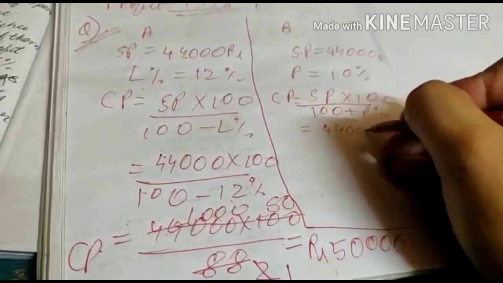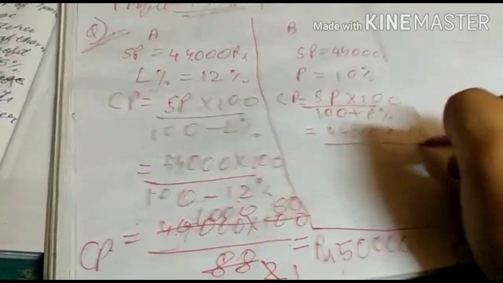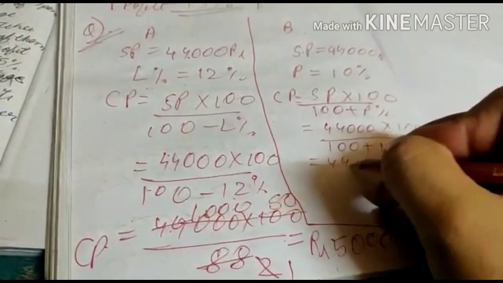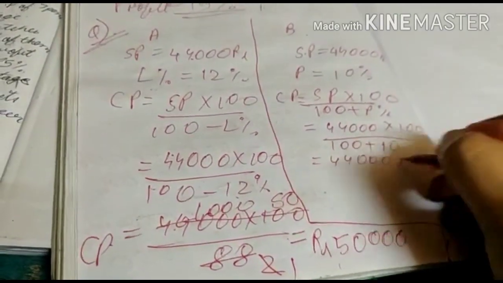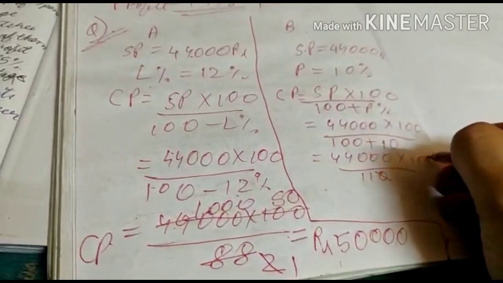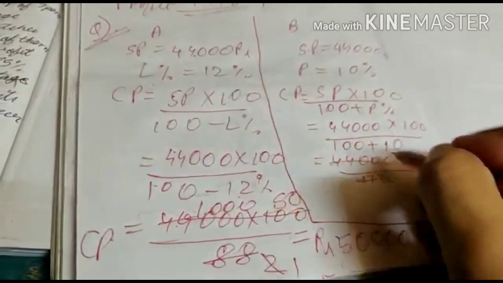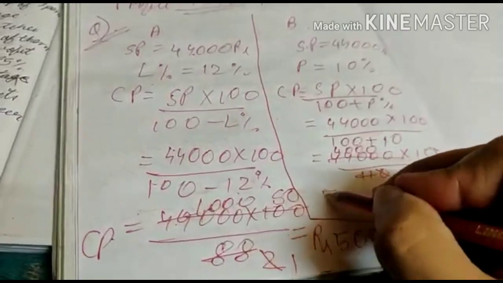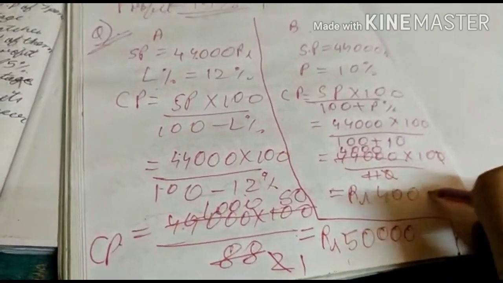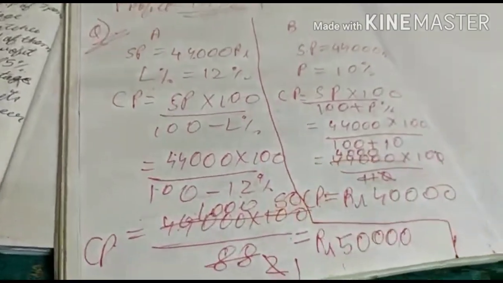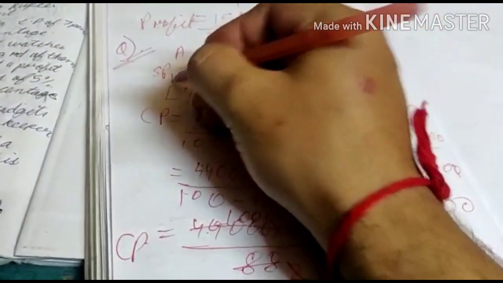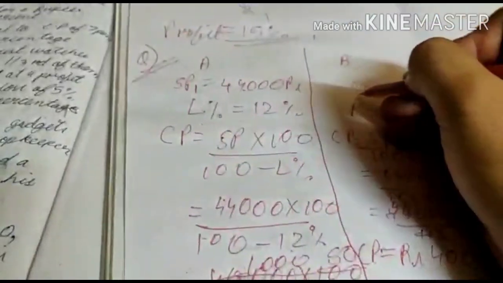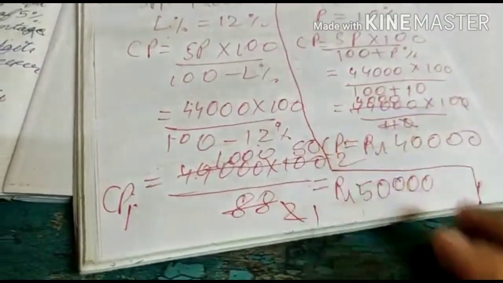SP is 44,000 into 100 upon 100 plus profit percent 10, so 44,000 into 100 upon 110. 11 fours are 44, so 4,000 into 10, it is rupees 40,000. This is the second CP. Okay, this is SP1, this is CP1, this is SP2, this is CP2.